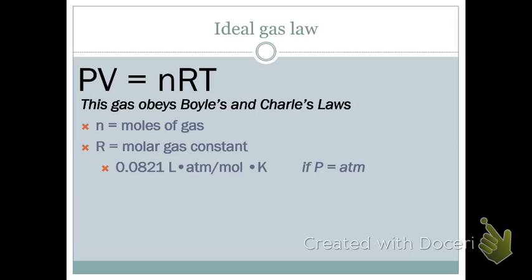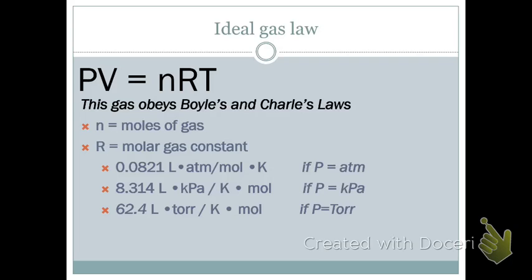So if we're using atmosphere, then it is 0.0821. If we're using kilopascals, it is 8.314. If we are using torr, it is 62.4. And if we're using pounds per square inch, it is 1.21 liters.